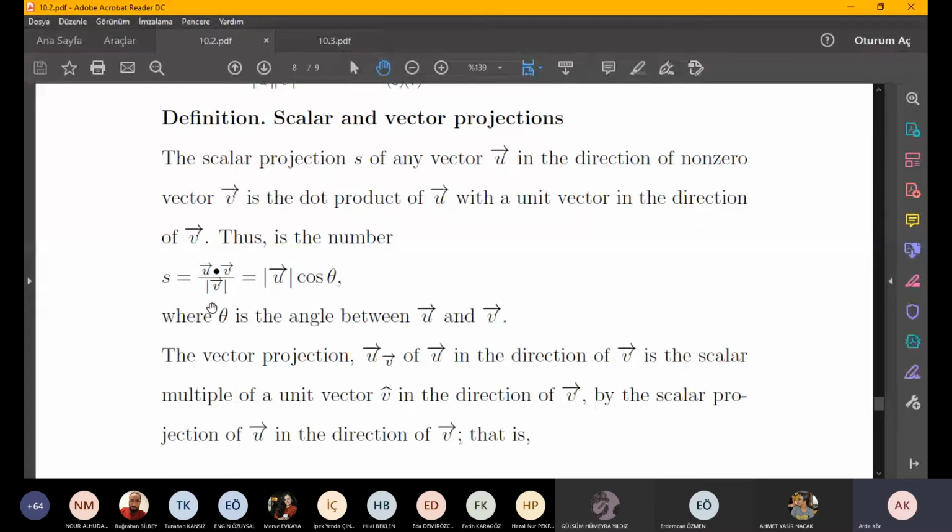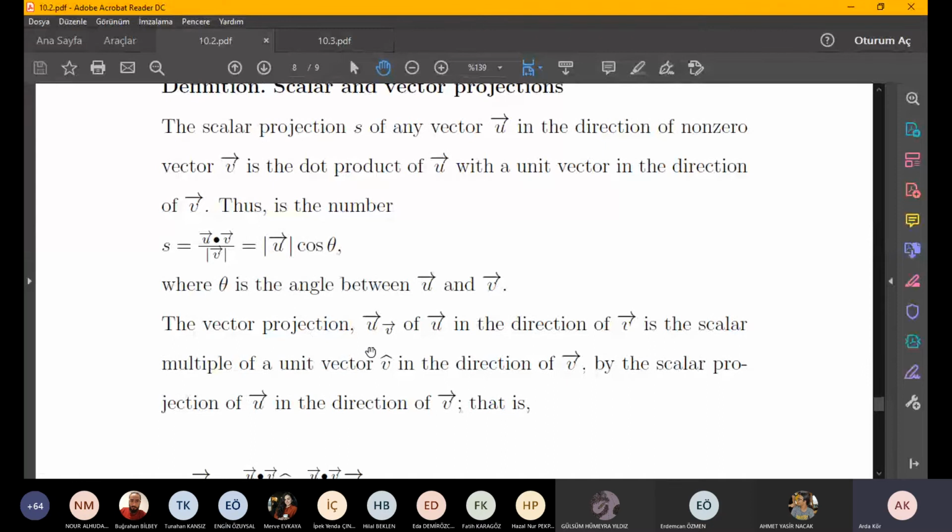The length of v is a common factor, and if you cancel it, the scalar projection of u in the direction of non-zero vector v will be the length of u times cosine theta, where theta is the angle between those two vectors. And we will denote the vector projection with that notation. Of course, it will define a vector.